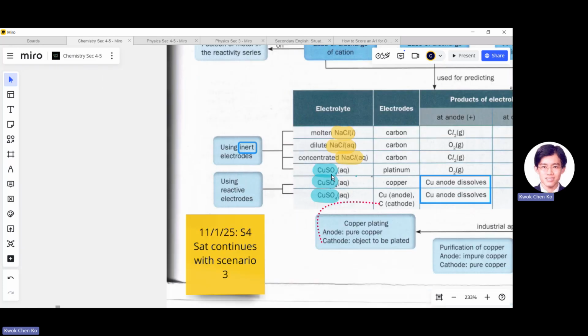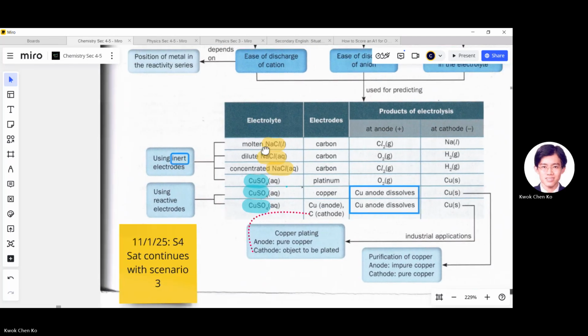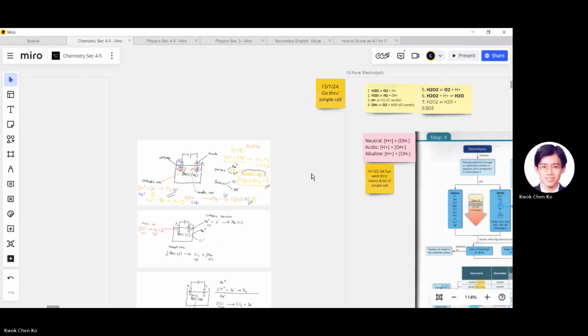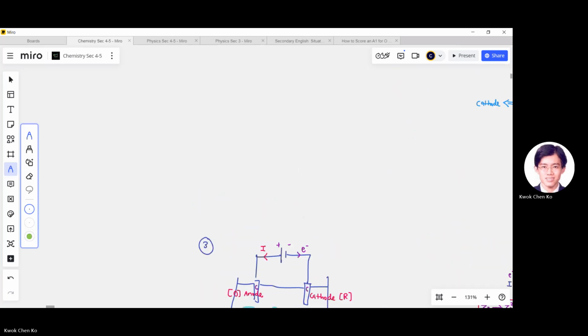Now draw the diagram for scenario 4 as well. Fill in whatever you need, like who is the cathode, who is the anode. What are the cations present?